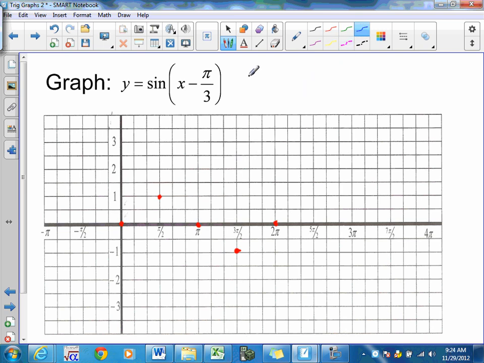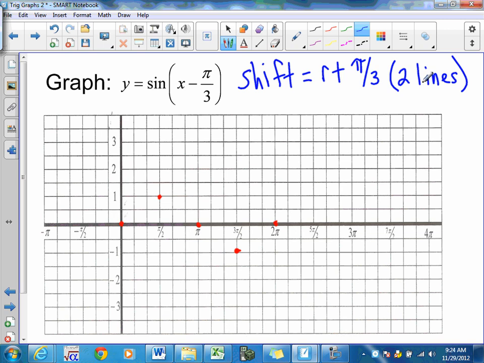But now I'm going to shift, because of the minus pi over 3, I am going to shift to the right pi over 3. Now if we remember, pi over 3 is 2 lines. It's about 1, 3 over 3. So I'm going to take each dot and I'm going to shift it to the right 2 lines, or 1.